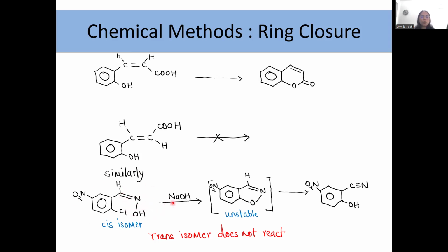This oxime, upon treatment with NaOH, forms a cyclic structure. This cyclic structure is highly unstable, therefore it degrades over here and forms a cyanide. The corresponding trans isomer, where OH is on this side, does not react.